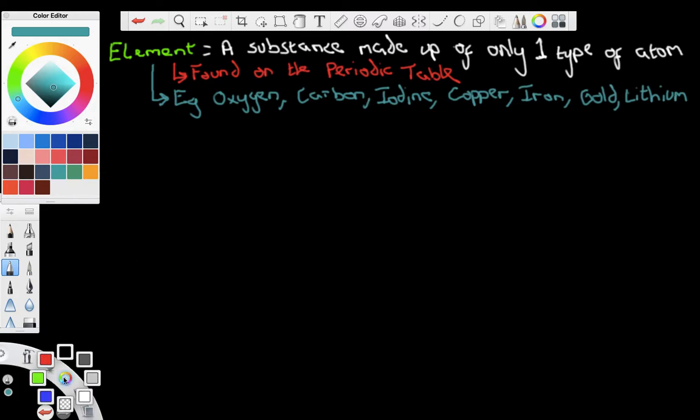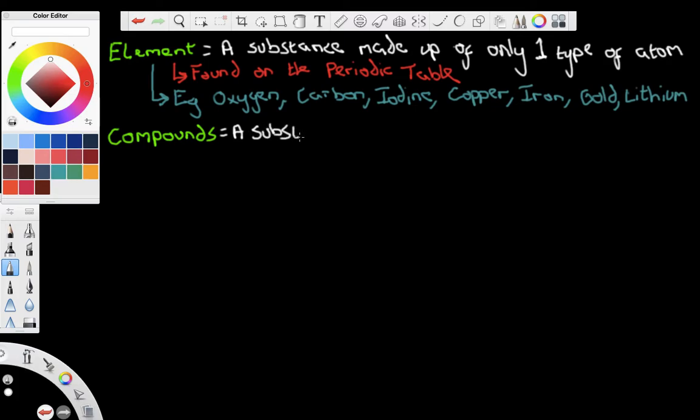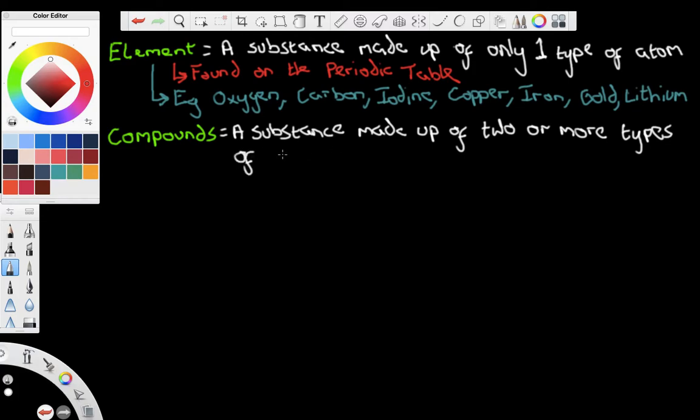On the other hand, we have got what's known as compounds. Compounds. Now, a compound can be defined as a substance made up of two or more types of atom, chemically joined together.